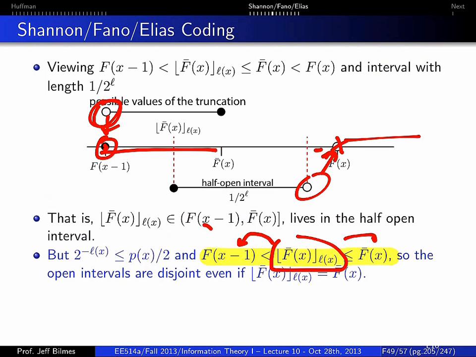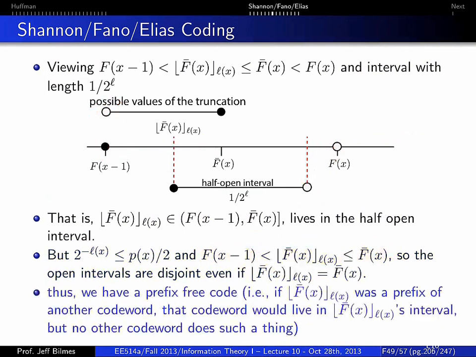And so any code word, if we use the code word corresponding to this truncation, cannot be a prefix of any other code word, because any other code word wouldn't start with that string of truncated f bar of L. I hope that makes sense, and maybe if you pause this and rewind it, it will make sense.